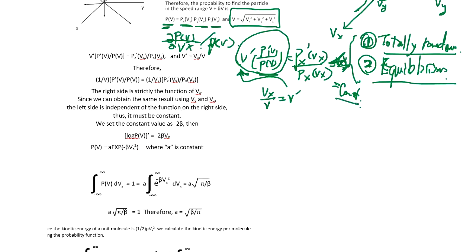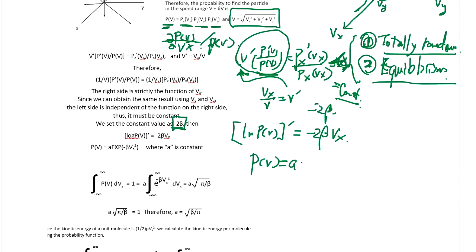We introduce the constant value -2 beta, which is convenient. We can get the log of P(V), whose derivative is -2 Vx. As a result, P(V) is A exponential minus beta Vx squared. So this is a Gaussian distribution. Now, for this Gaussian distribution, we have to determine A.